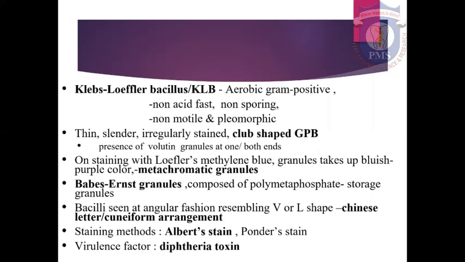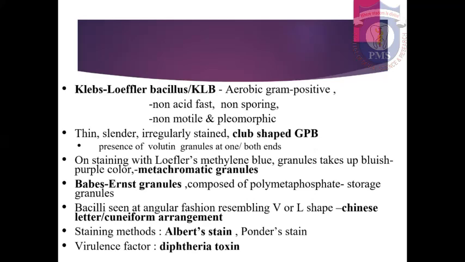On staining with Loeffler's methylene blue, the granules of this organism take up a bluish purple color, and these granules are called metachromatic granules. There are other granules like Babes-Ernst granules, which are composed of polymetaphosphate and act as storage granules.